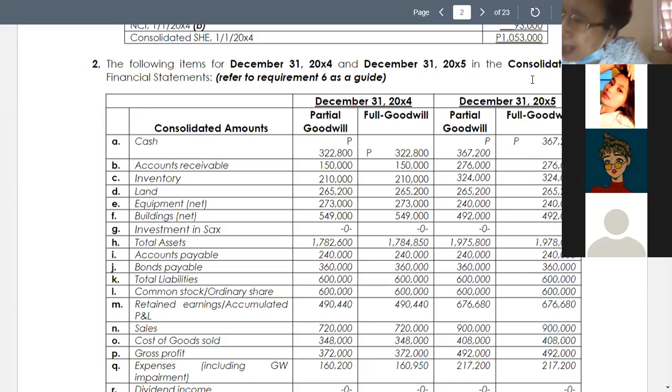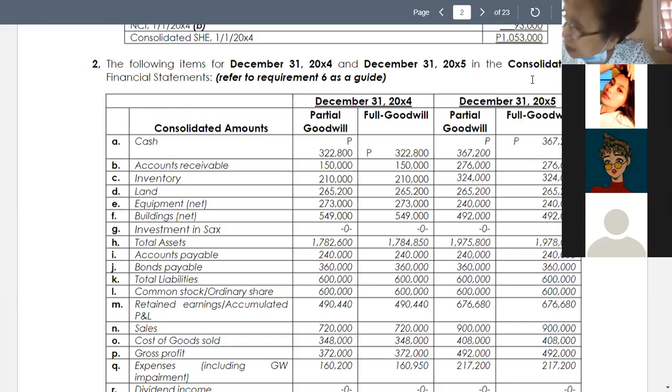We are adding for December 31, 20x4 based on the balances given for P and S. By the way, let me remind you that Pascal is P and Saks is S na lang. Okay, so we are now adding the cash balances of P and S. So the total based on the trial balance is 322,800. I have also given this to you yesterday.